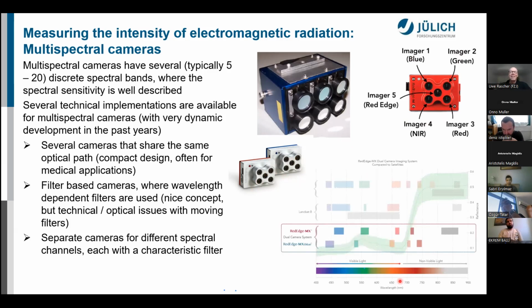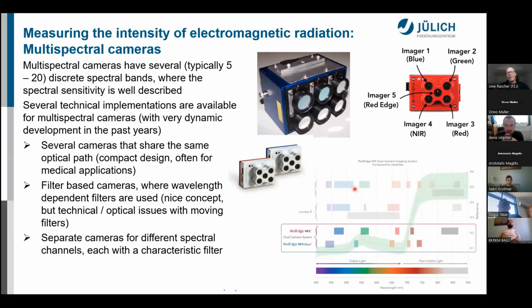In this graph, I showed you a comparison of the bands down here. These are the spectral bands which you can order off the shelf for a decent amount of money for these multispectral cameras. And these are the bands of the recent satellite which was put into space, Sentinel-2, the European Space Agency vegetation monitoring satellite.